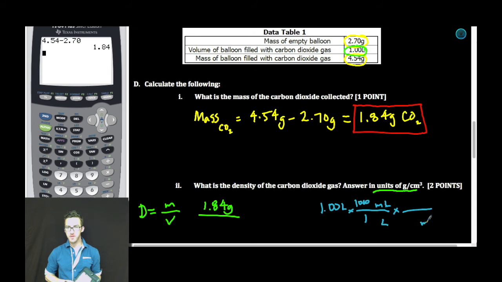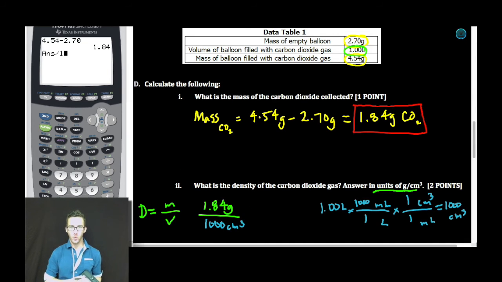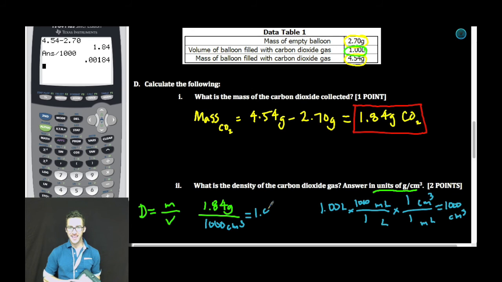Then remember this important relationship between cubic centimeters and milliliters. They're the same. In other words, for every 1 cubic centimeter, I have 1 milliliter. So 1 times 1,000 times 1, 1,000 cubic centimeters. So I'll throw that into my density calculation here. Jump to my calculator. I get 1.84 times 10 to the minus 3 grams per cubic centimeter. Box that sucker in. Boom.